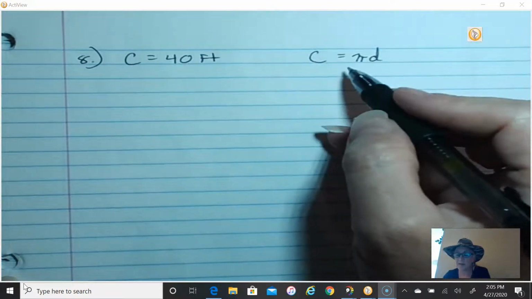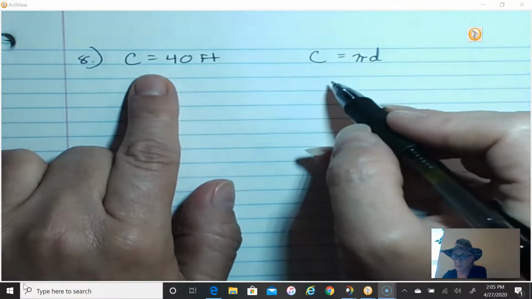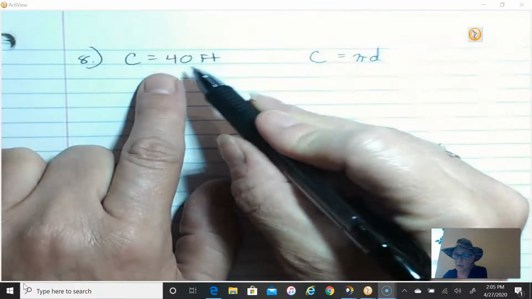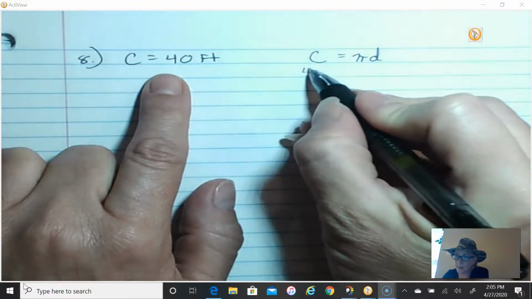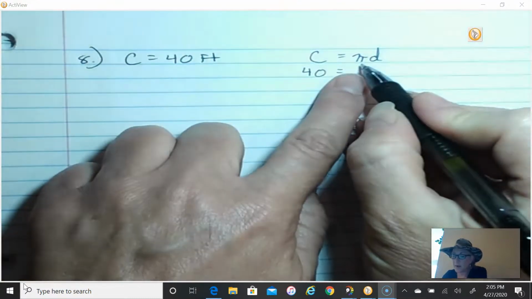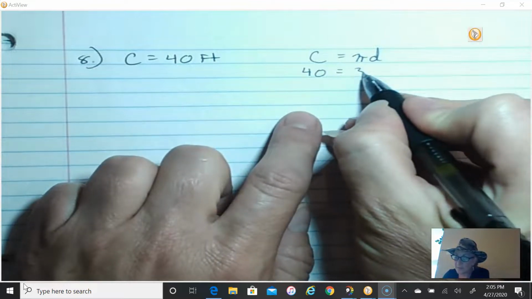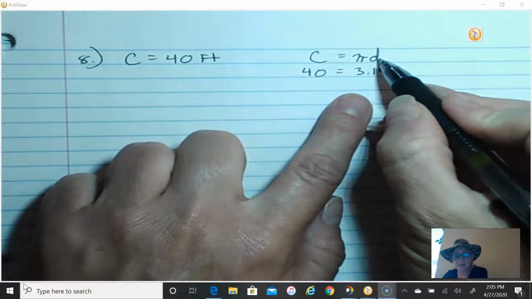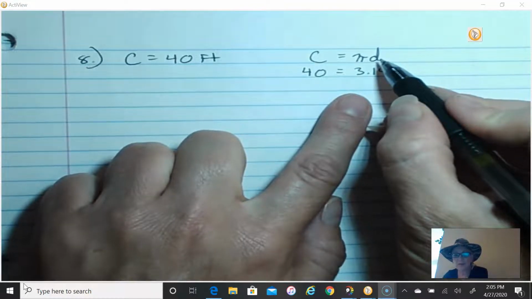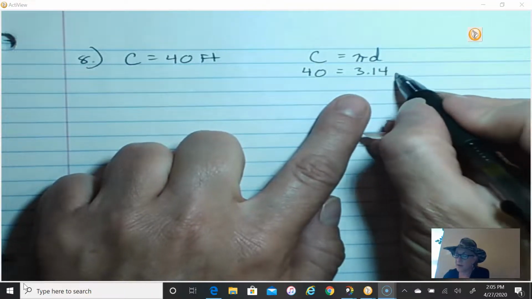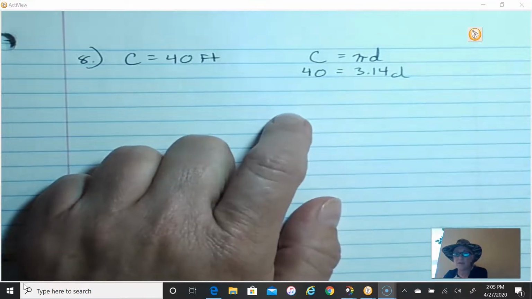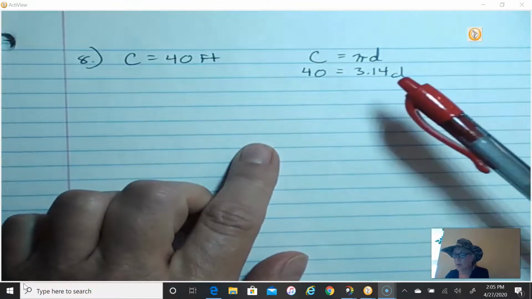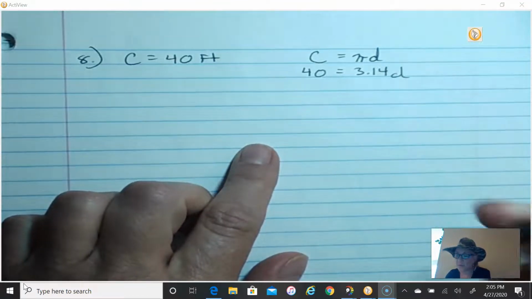Okay? So then we just substitute, right? What is your circumference? It's 40, because they tell you that. We know what pi is. Do we know what diameter is? No. That is what we have to find out. Does that look familiar? Intruder alert. We are isolating the variable.